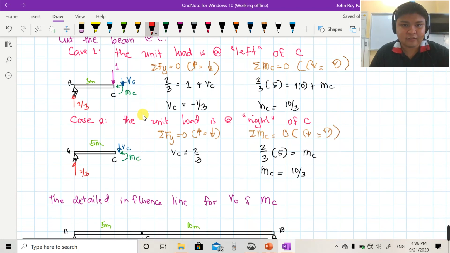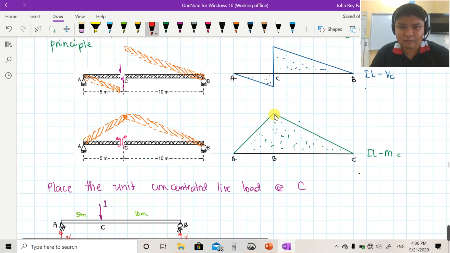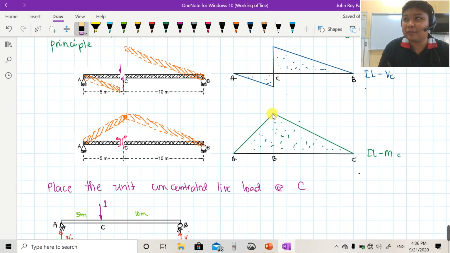So yung case 2, 'di ba? Ang case 2 natin is the unit load is at the right of C. So using the case 2 class, kapag nag-shear ka or summation forces vertical, this time ang shear is magiging positive 2/3. However, the moment must not change, 'di ba? Kasi nga in either case, based dito sa itsura ng influence line, nagkamali lang ako ng pag-label.